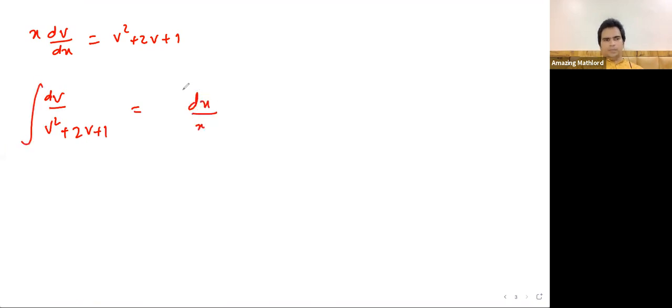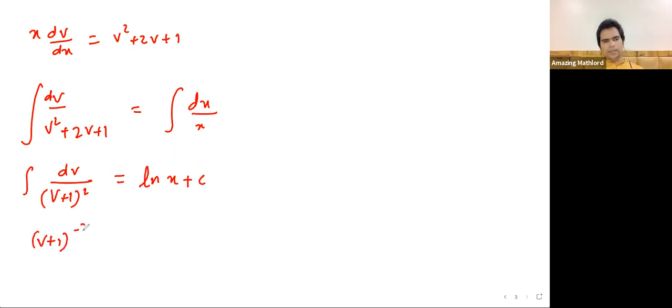Now if I integrate both sides, the left side is dv upon (v plus 1) the whole squared, and the right side is ln x plus c. The left integral is v plus 1 to the power -2; if you raise the power, -2 plus 1 is -1, divided by -1, and divide by the coefficient of v, which is 1. So it equals ln x plus c.